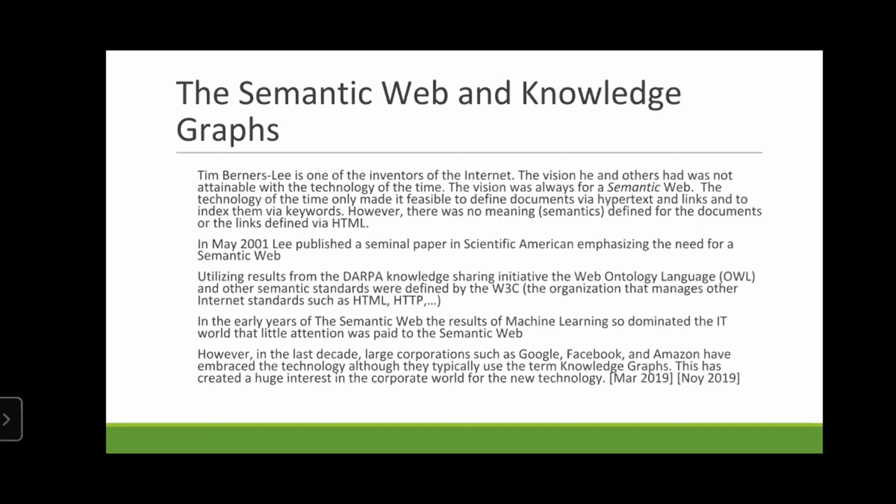In the business world they tend to call it knowledge graphs, whereas in the academic world we tend to use the term semantic web, but it's more or less the same technologies. And I think there will be other talks later on in the workshop that get into the specifics of knowledge graphs.